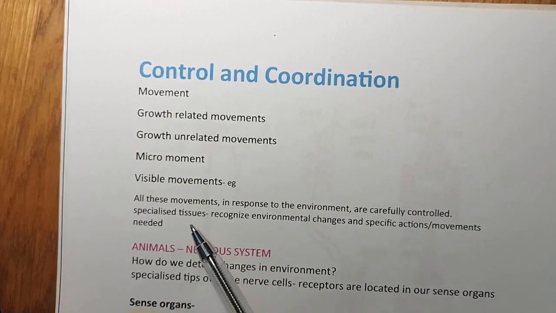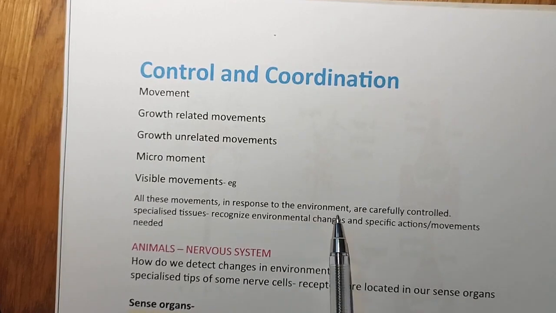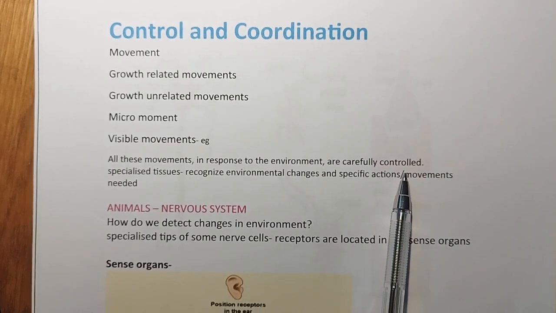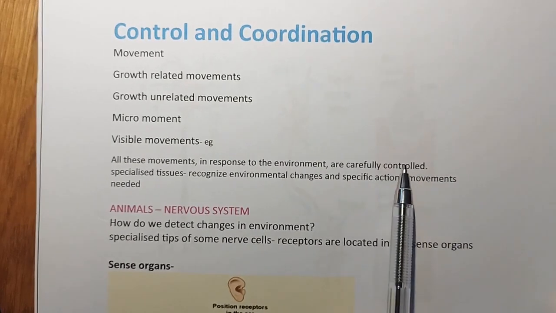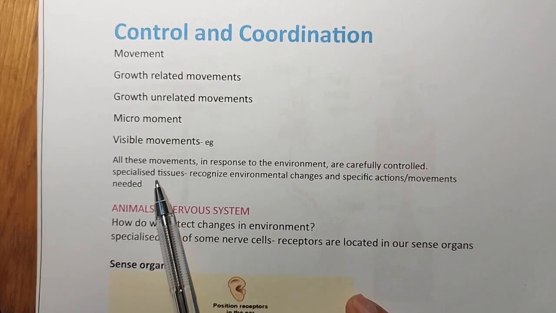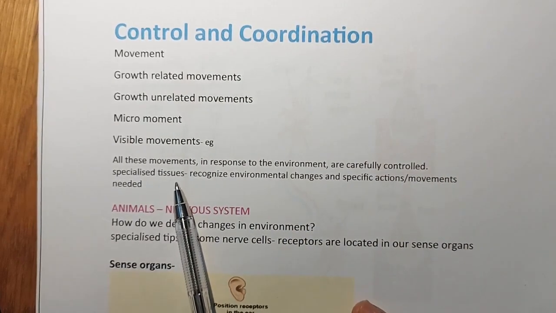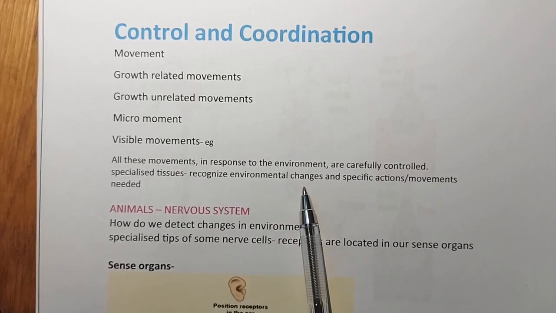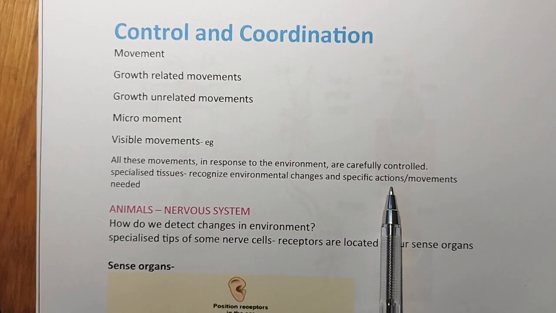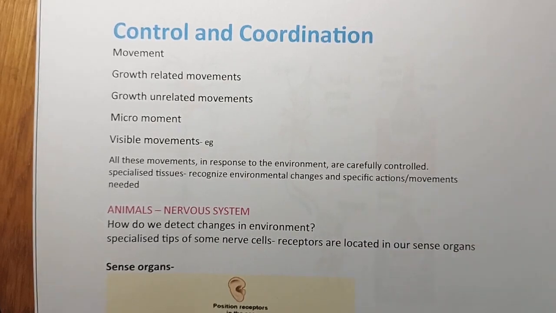Okay, so movements are in response to the environment, and these movements are very carefully controlled. That control takes place by a specialized set of tissues that recognize the environment change and carry out the specific actions and movements that are needed.